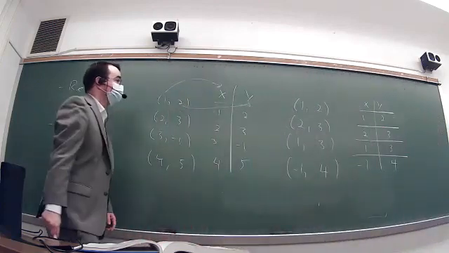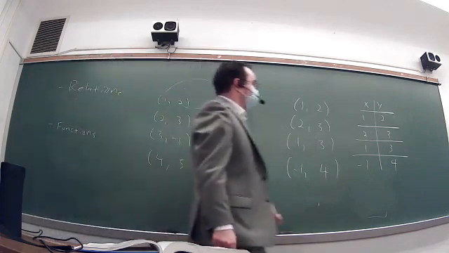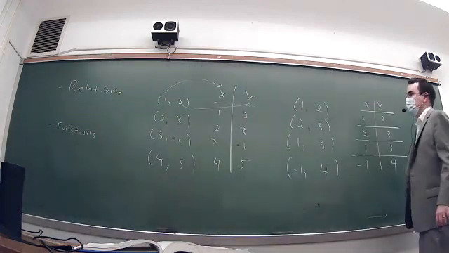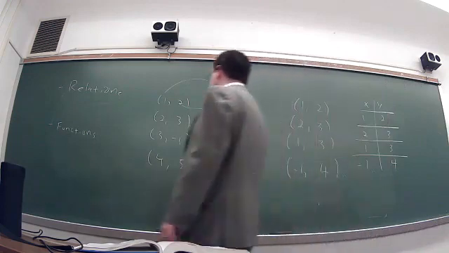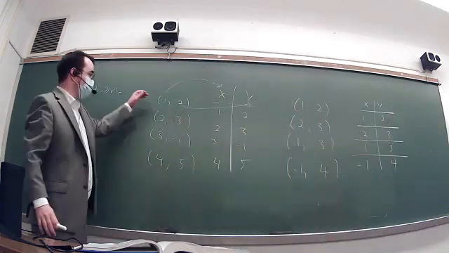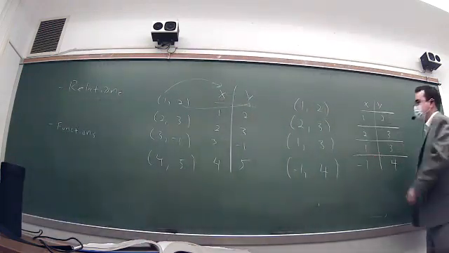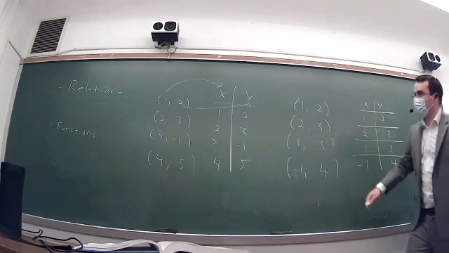Now, one of these represents a relation, and one of these represents a function. So whether you put it in coordinate pairs or a chart, this collection of 4 points.